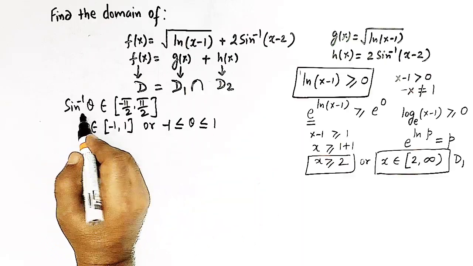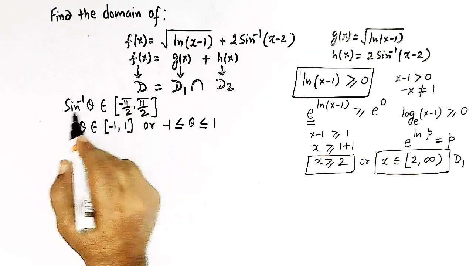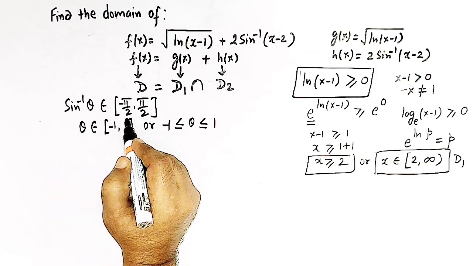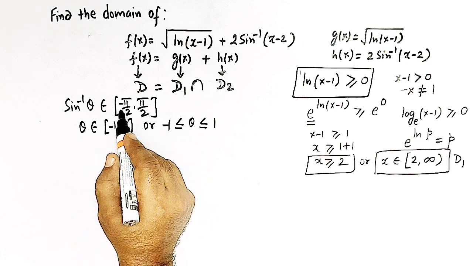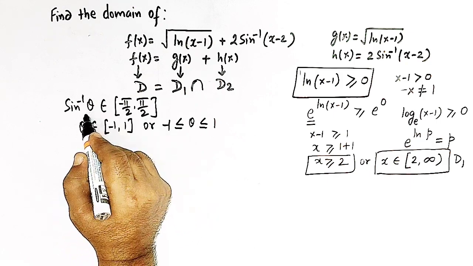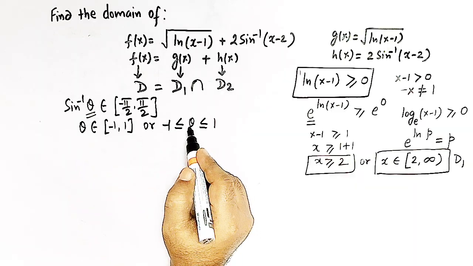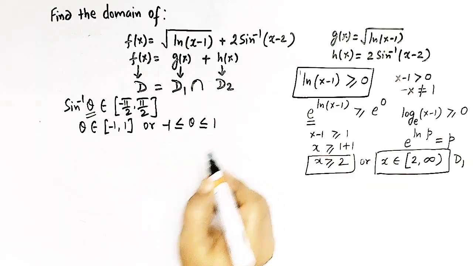So sine inverse theta has the principal value branch, that is the range is minus pi by 2 to pi by 2, where both these endpoints are included, and provided this theta belongs to this interval minus 1 to 1, or this inequality.